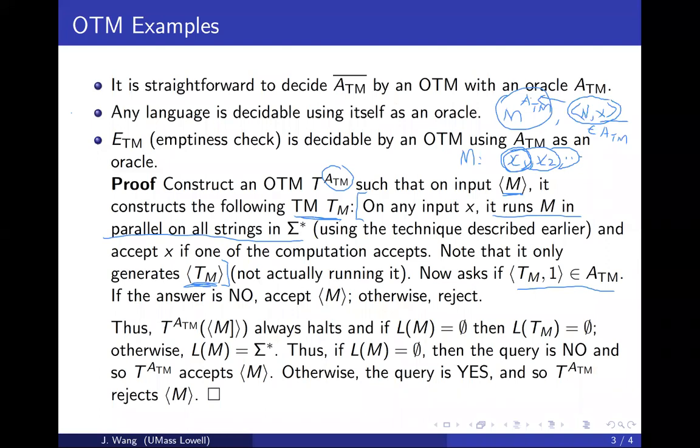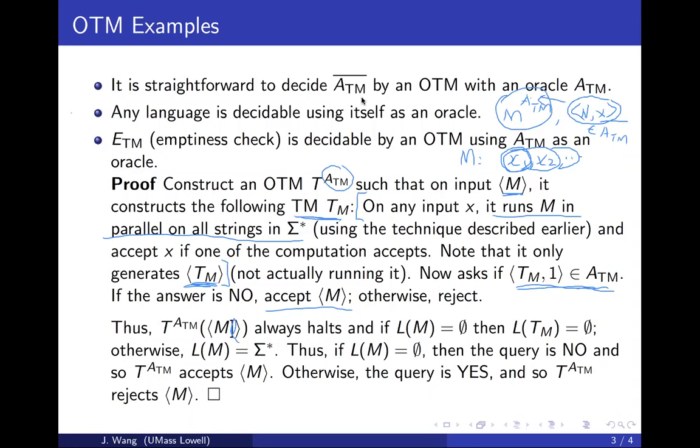So it will make this query. If the answer is no, then this Oracle Turing machine accepts the input, which is the encoding of M, otherwise it rejects it. So with this oracle, this OTM on this input, the encoding of M, always halts.